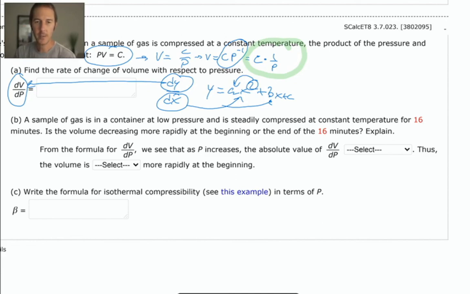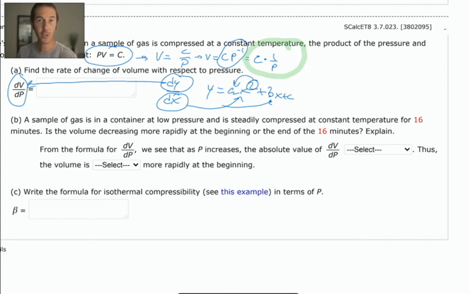Thus, the volume is either going to be increasing, decreasing, or staying the same more rapidly at the beginning. So we're comparing as time is moving on, as our P value is increasing, as the pressure is increasing, the rate of change of volume with respect to pressure is also changing.